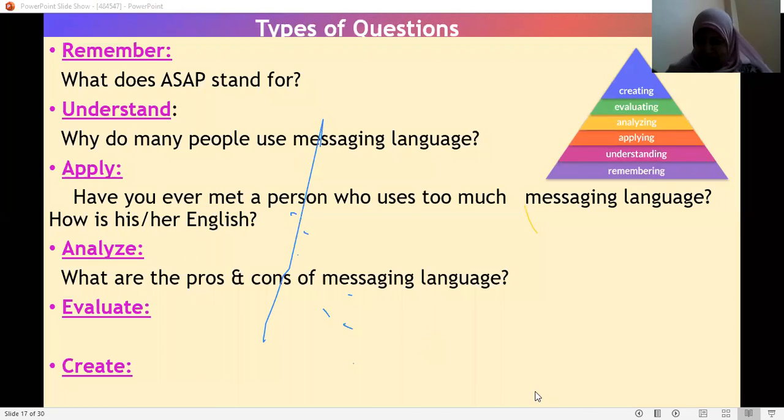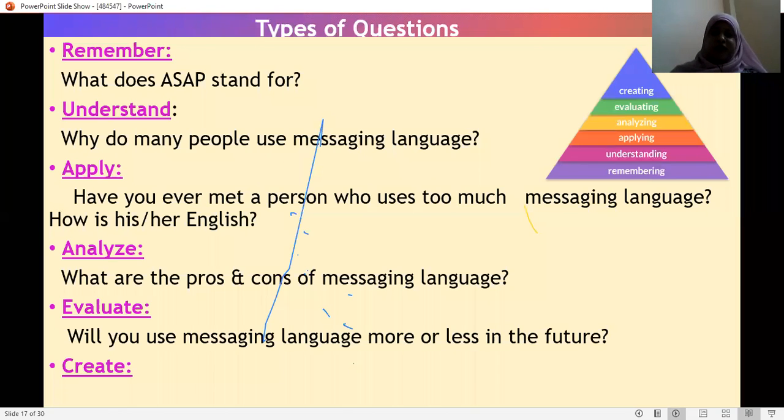So evaluation question. Mr. Ahmed Dessouki, do you think it's suitable in formal and informal contexts? Perfect. Let me see my question. Will you use messaging language more or less in the future, and why? Create, give me a new idea. Ask about a new idea.